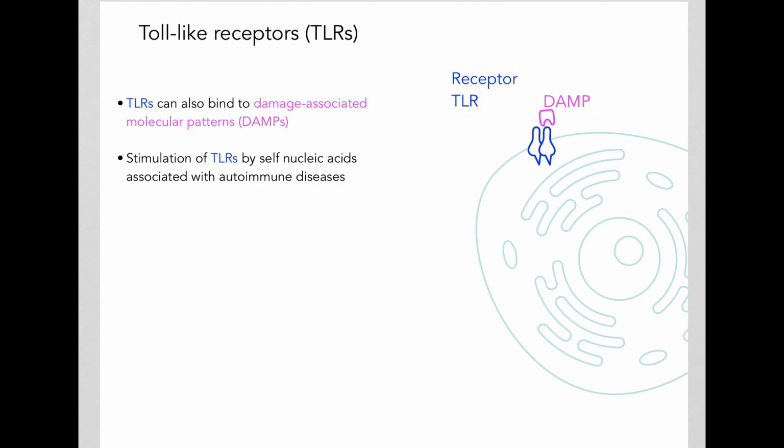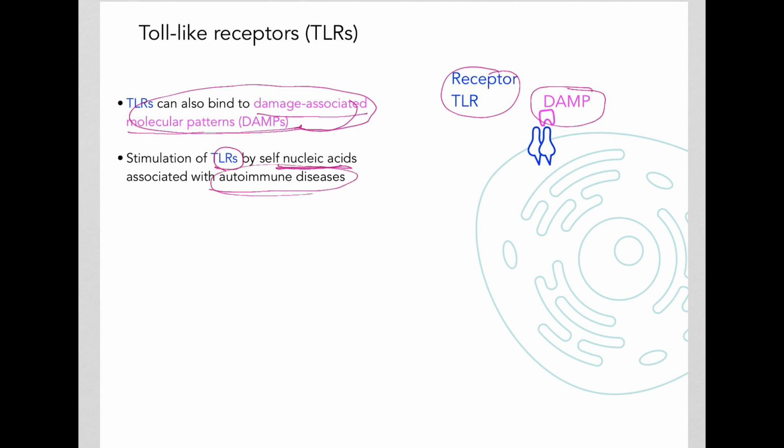Now, besides PAMPs, these TLRs can also recognize DAMPs, and these are damage-associated molecular patterns. So these are chemicals that are released by damaged cells, our own damaged cells. It's kind of interesting that stimulation of these receptors by our own nucleic acids has been seen in certain autoimmune diseases.